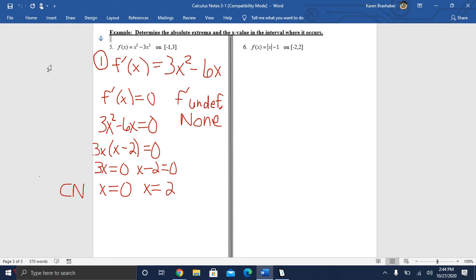All right. Once we know the critical numbers, step 2 is to evaluate the function. And remember that we had from -1 to 3 as our interval. So now we're going to evaluate the function at the two endpoints, as well as at all of your critical numbers.